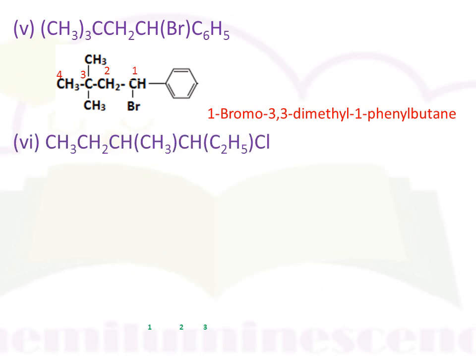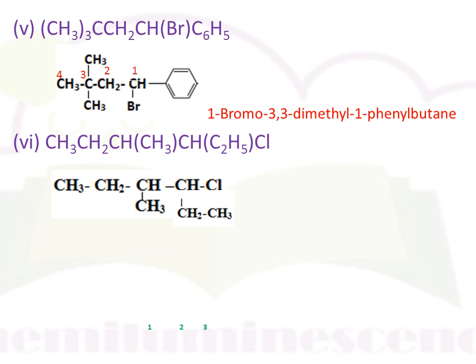The next compound is this one. The open structure formula of this compound is this one. Here again C2H5 is given. This is nothing but the ethyl group. In open structure it is written as CH2CH3. Now what is the first rule? Select the longest continuous chain.